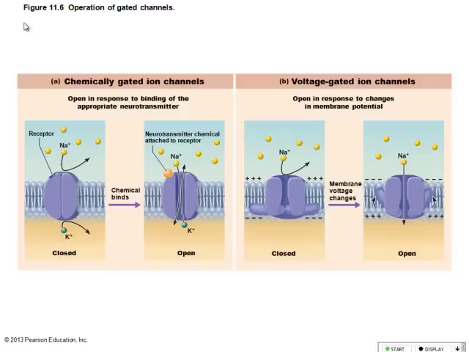And this is what's going to happen when we disrupt these membrane proteins, whether it be a chemical disruption or a voltage-gated disruption. So, sodium and potassium pumps, or ATPases, are what we're going to talk about when we talk about membrane potential.